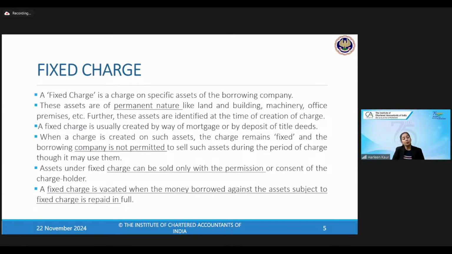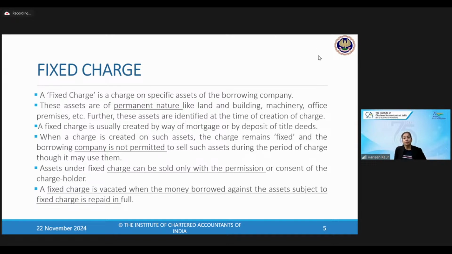So if the company is going to sell it to the neighboring company, they're not permitted to do that. Why? Because the bank has its charge on it. You have not repaid the loan. How can you sell property papers held with the bank? You have to take permission from the lender if you want to do such transactions. It says assets under a fixed charge can only be sold with the permission of the charge holder.